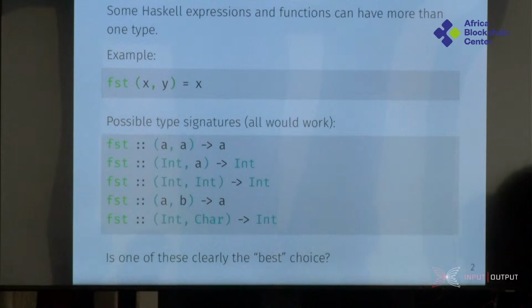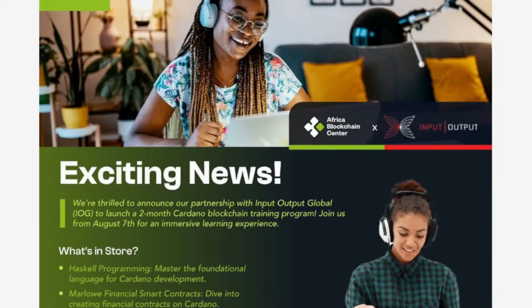Exactly. So there's always in Haskell, at least if we ignore fancy language extensions, one type that is the most general one that covers all other possible types that you can give to an expression. In this case, it's that one. The others are specializations of that one. For example, the first one is the specialization where b equals a.